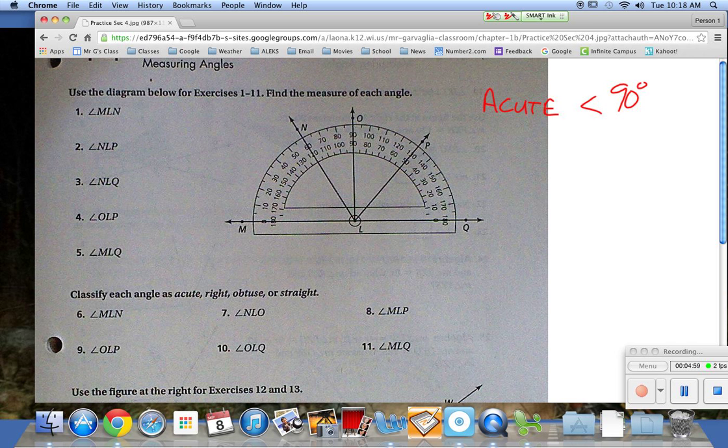You're acute. What is an obtuse angle? Obtuse angle. It's greater than 90. Obtuse means they're hefty. All right? What does right angle mean? 90 degrees equals 90 degrees.